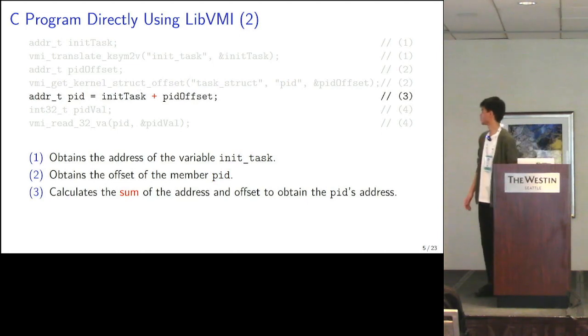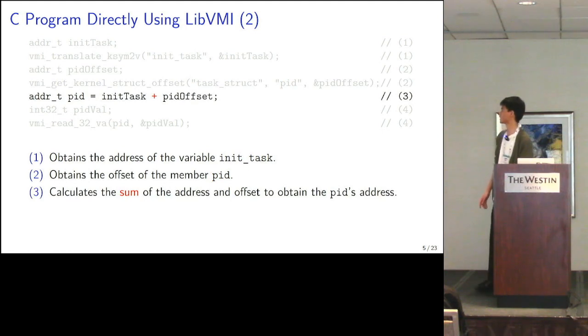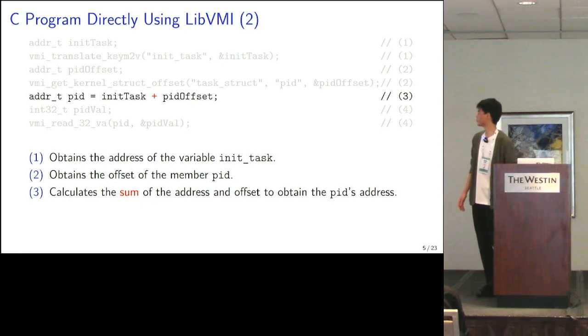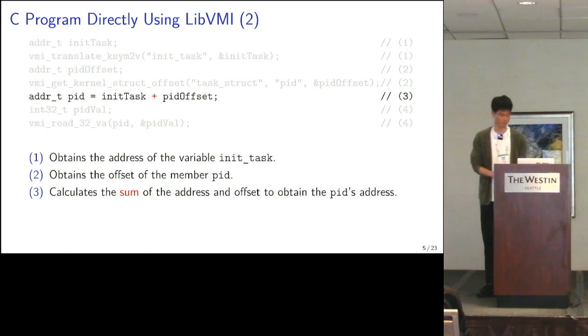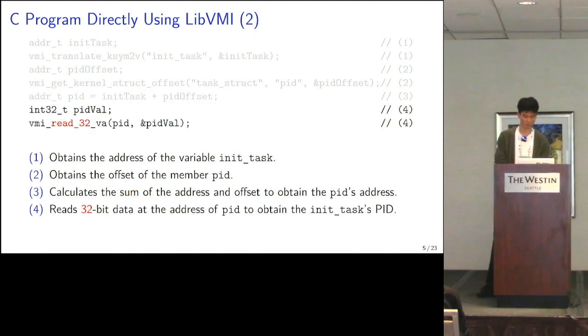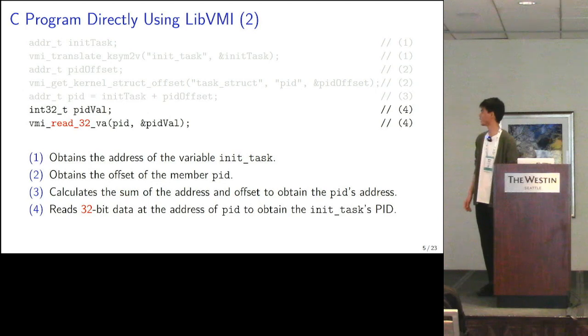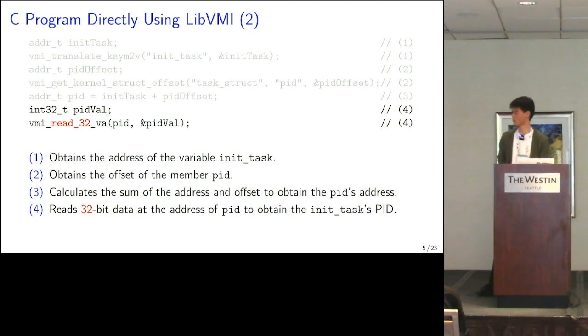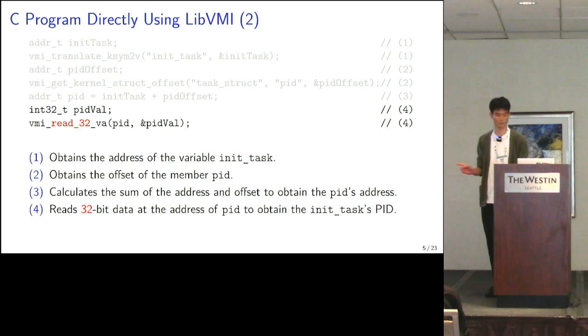Then, in the third step, the program calculates the sum of the address and offset from the prior steps and obtains the pid's address. Finally, in the last step, it reads 32-bit data at the address of pid to obtain init_task's pid.